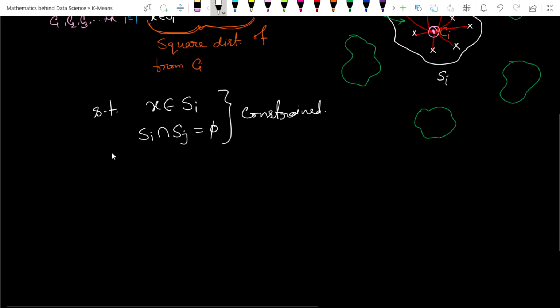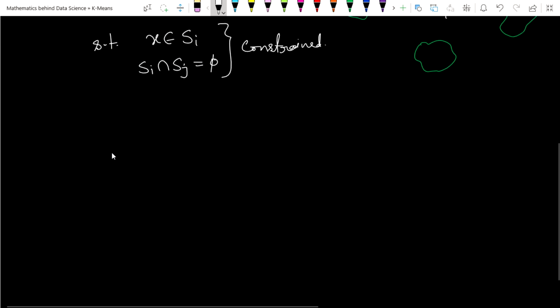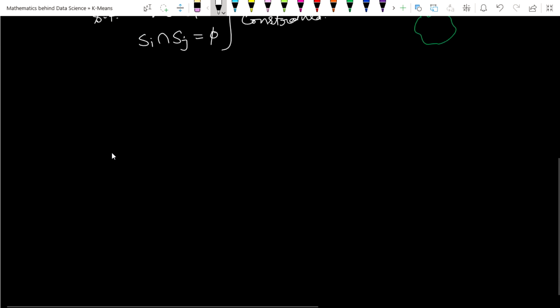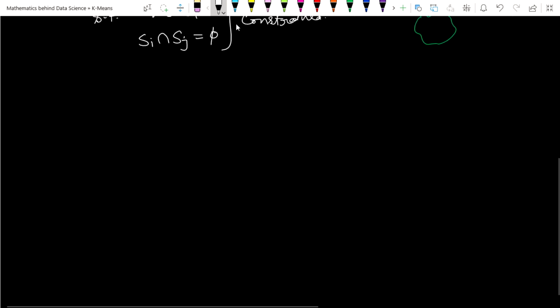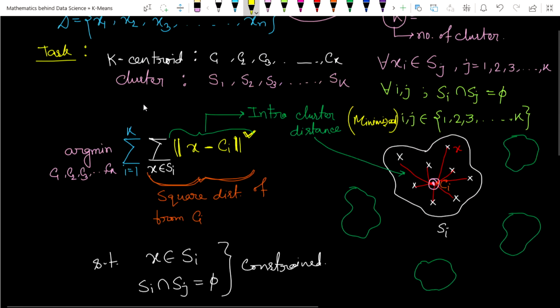Now let's try to understand how to solve this problem. The main concept: how to solve this thing. So let's rewrite the formulation that we have made, just clearly rewrite these things. I think it's really better for us.